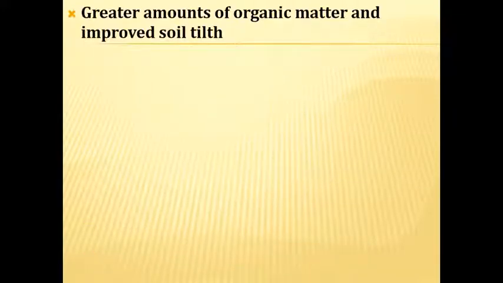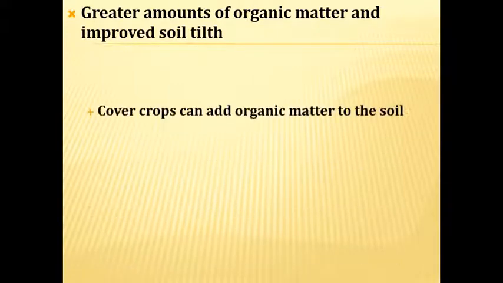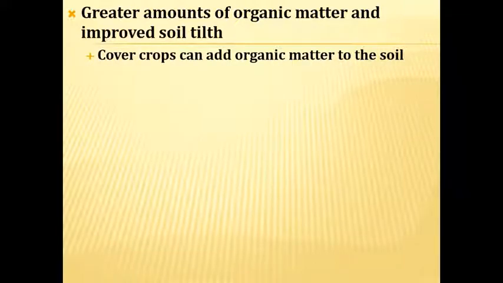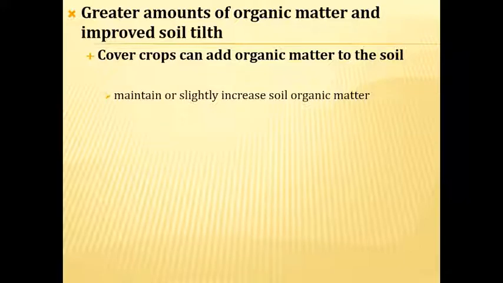Greater amount of organic matter and improved soil tilth is another benefit of cover cropping. Cover crops can add organic matter to the soil. Although increases in soil organic matter occur slowly over time, including cover crops in the rotation can help to maintain or slightly increase soil organic matter.